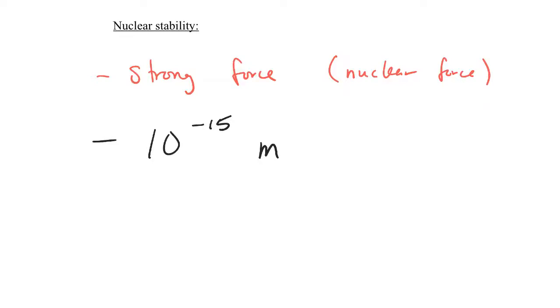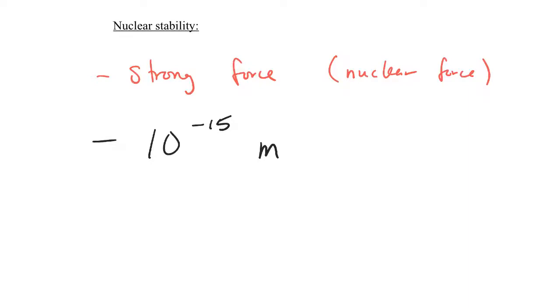Now, for heavy nuclei, the more neutrons, the better. Because neutrons don't give you any repulsive force. Neutrons only give you the strong force. Protons, the strong force holds them together. The electric force pushes them apart.